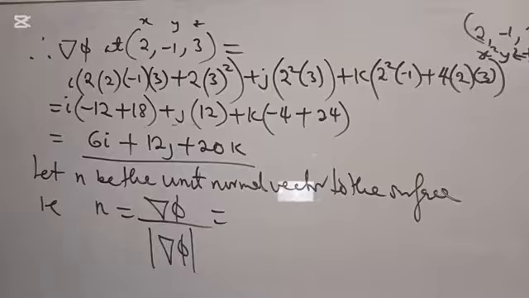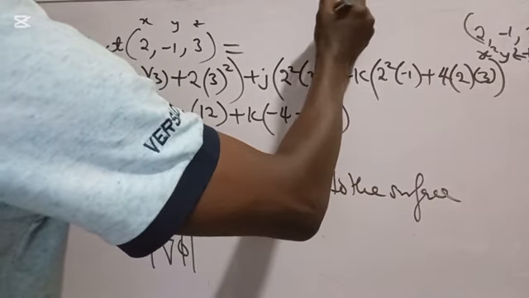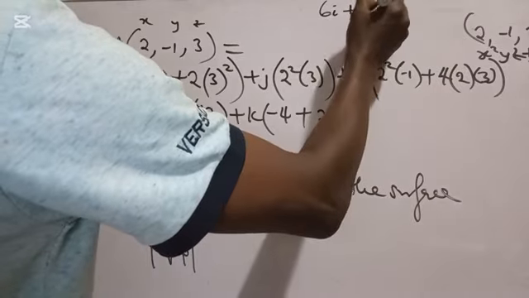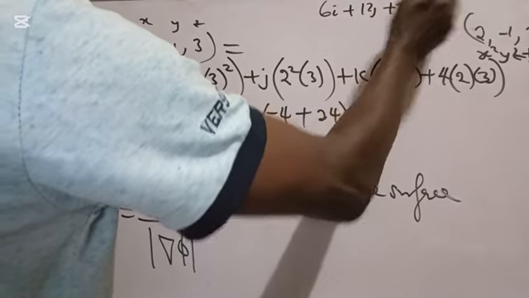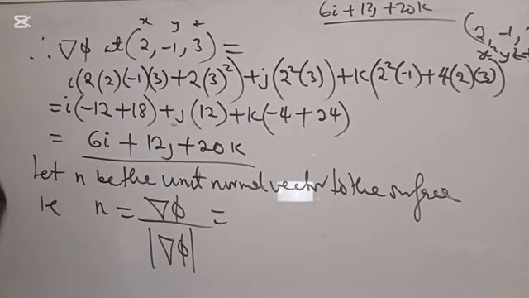Let's find the modulus of grad phi first, so that we can place everything there. So I will need it: 6i plus 12j plus 20k. This is the formula we want to apply.